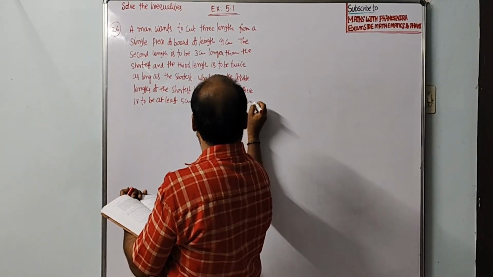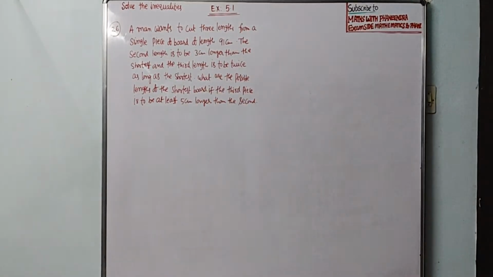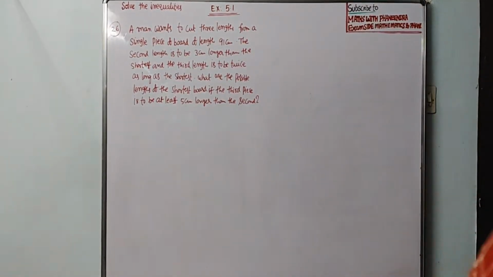This is the information, dear students. In the question itself, it is given as the hint. If we are taking x as the length of the shortest board, x plus 3 and twice of x are the lengths of the second and third piece.